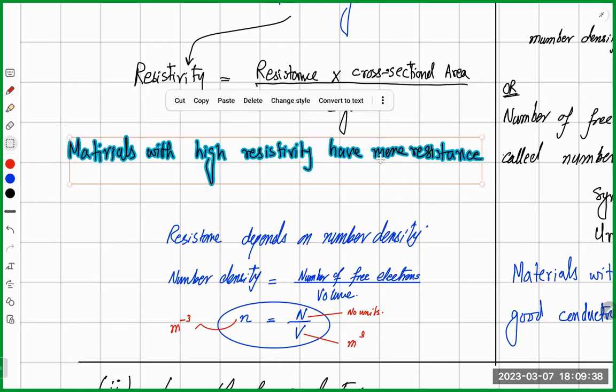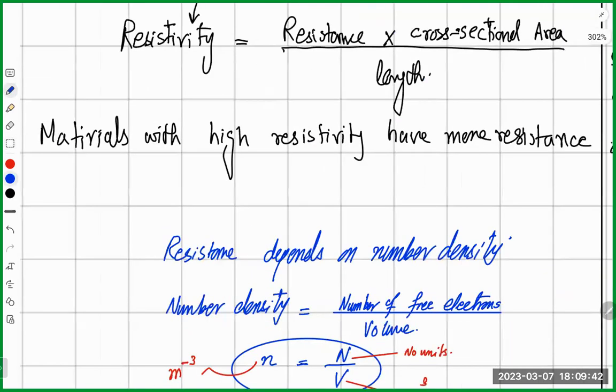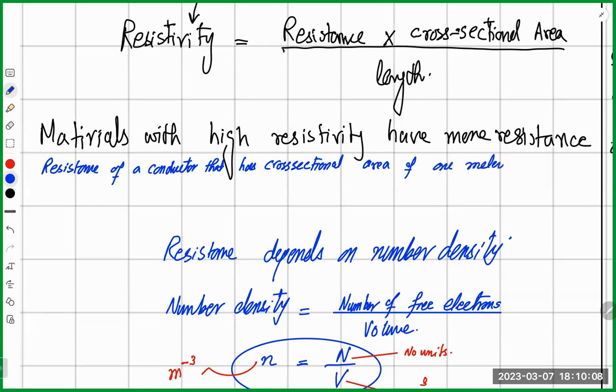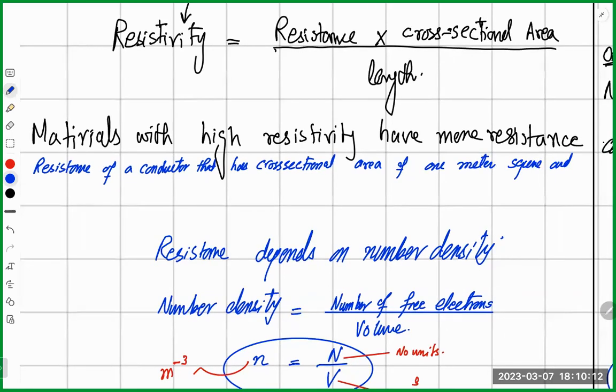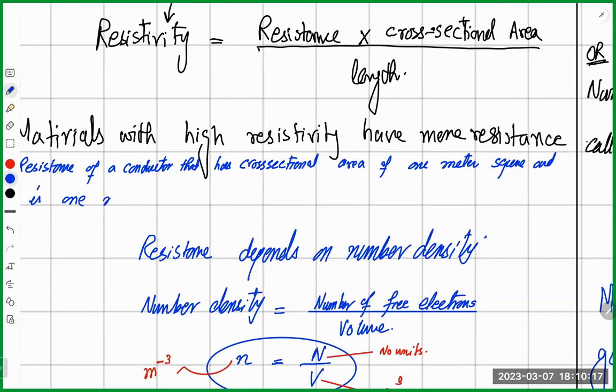Here is an extra note. Resistance of a conductor that has cross-sectional area of 1 meter square and is 1 meter long is called, sorry, not resistance, resistivity of the material of the conductor.